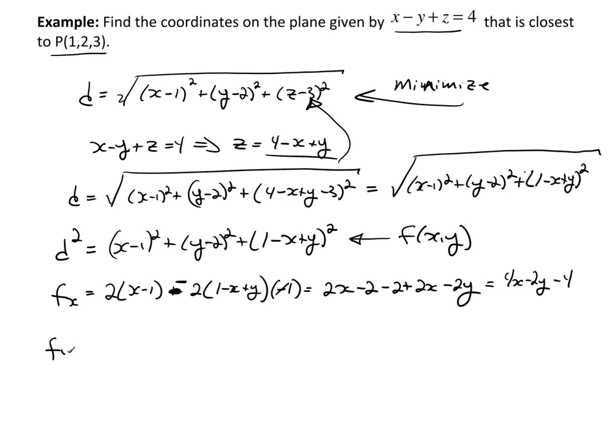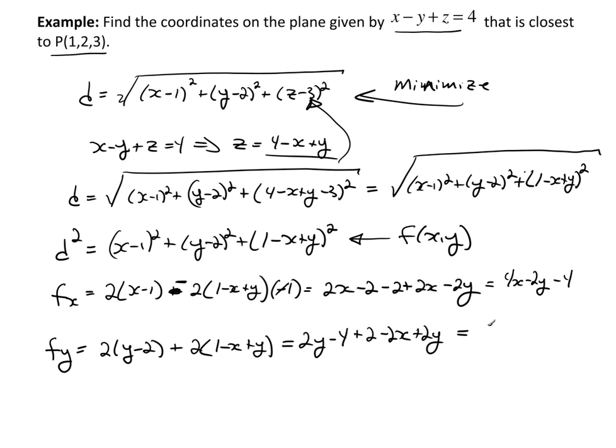So now let's find my partial with respect to y. This is going to give me a 0, and then I'll have 2 times (y minus 2) plus 2 times (1 minus x plus y) times 1. So I have 2y minus 4 plus 2 minus 2x plus 2y.